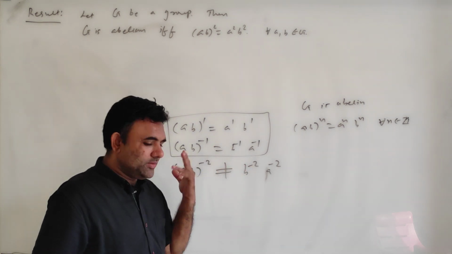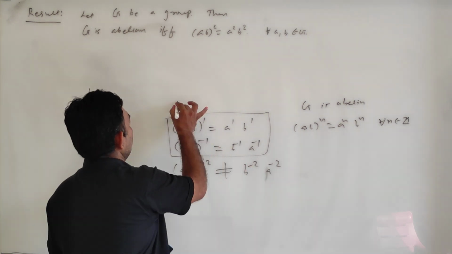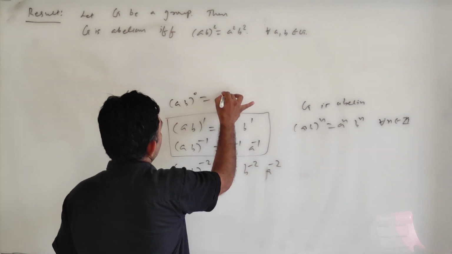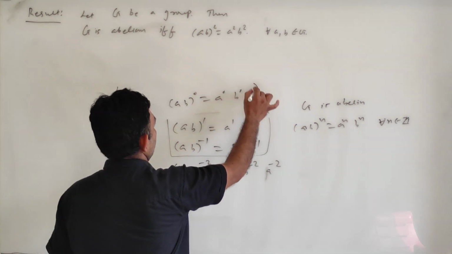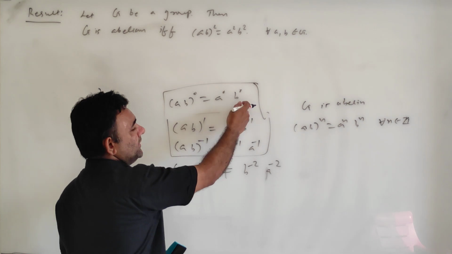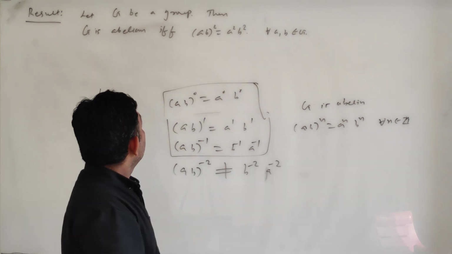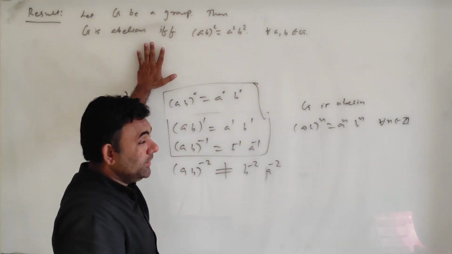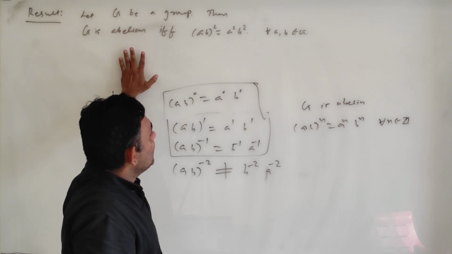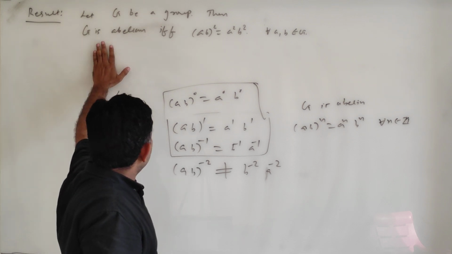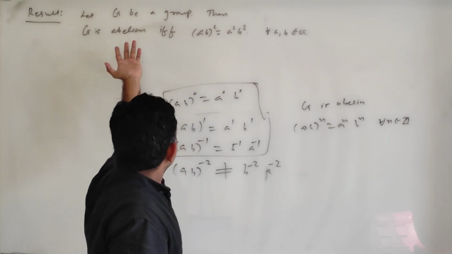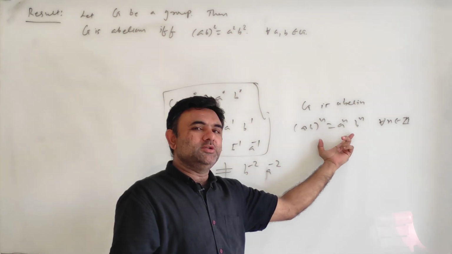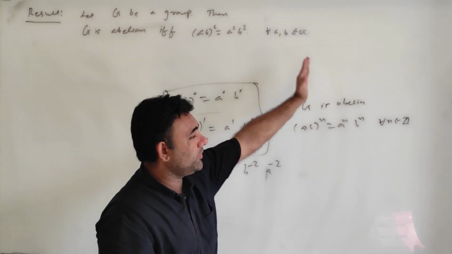Yes, of course 0 power: AB raised to 0 is A raised to 0, B raised to 0, that is fine, because it is identity and this is also identity. But this result says that if G is abelian, then you can distribute 2 power individually. So that is a particular case of this result, so this way is very trivial.